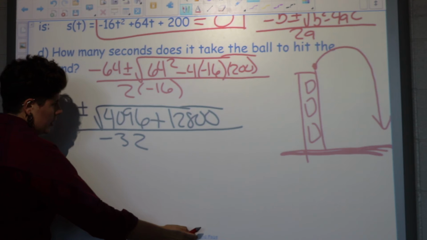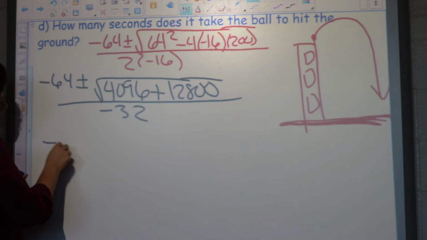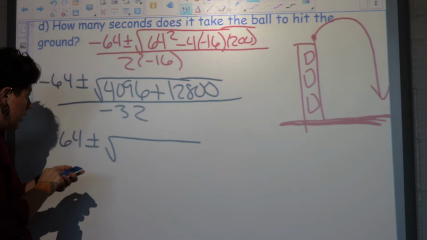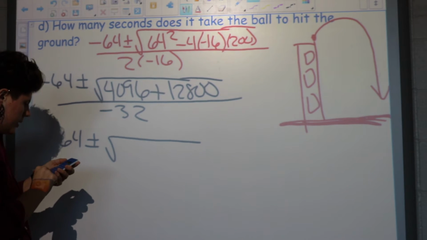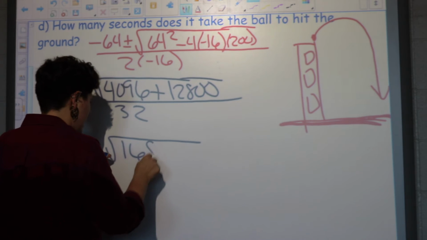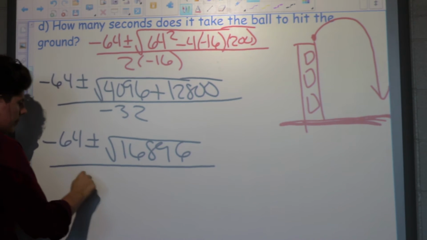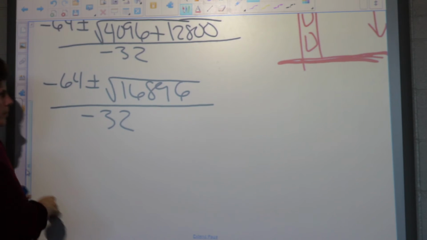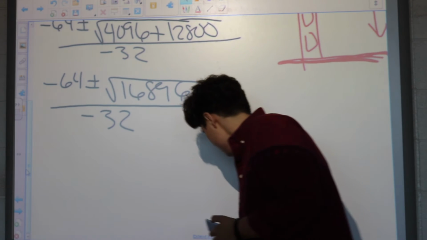Alright, I can scroll down here a little bit, clean it up. So I have negative 64 plus or minus the square root of 4096 plus 12,800 equals 16,896, all divided by negative 32. What do you think you have to do with this right here? You have to simplify it. I know it's an enormous number, but you can do it.